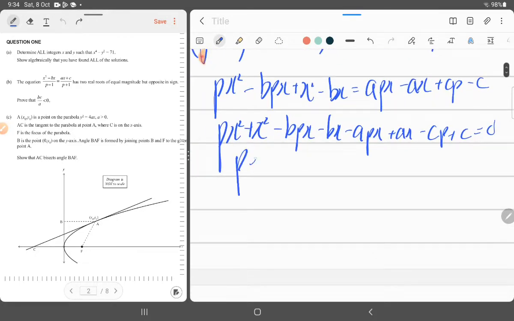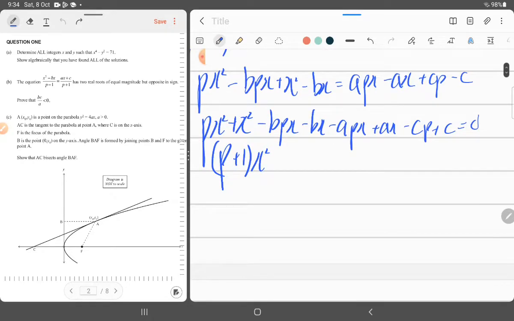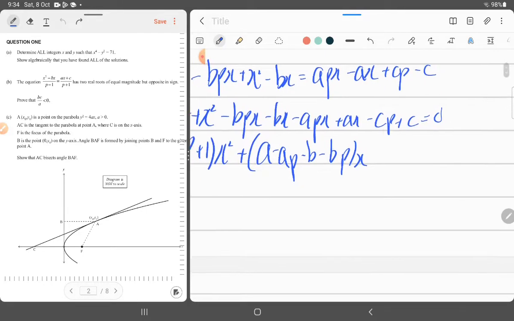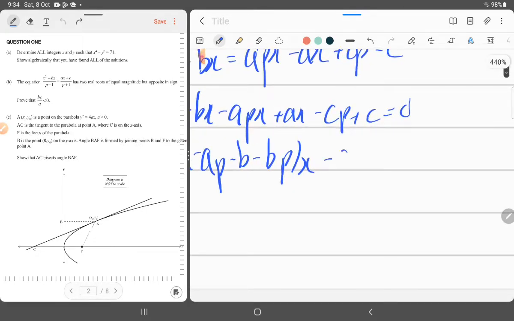Then we can factor out x squared and x's, so a take away p take away b take away bp x take away cp plus c is equal to 0.